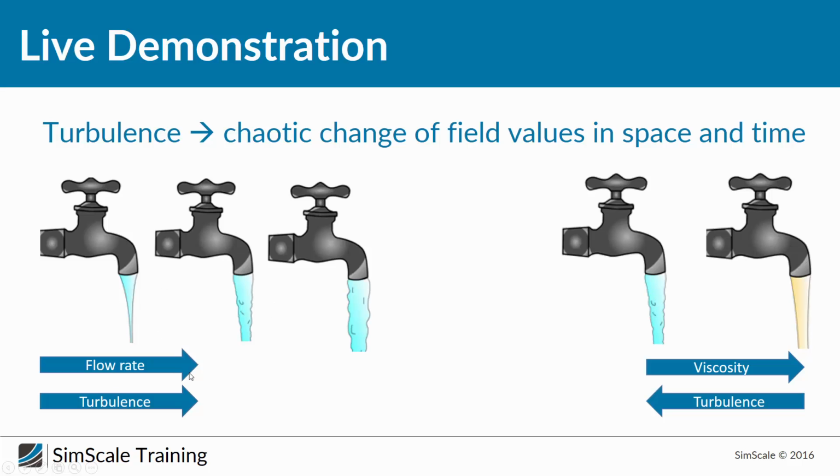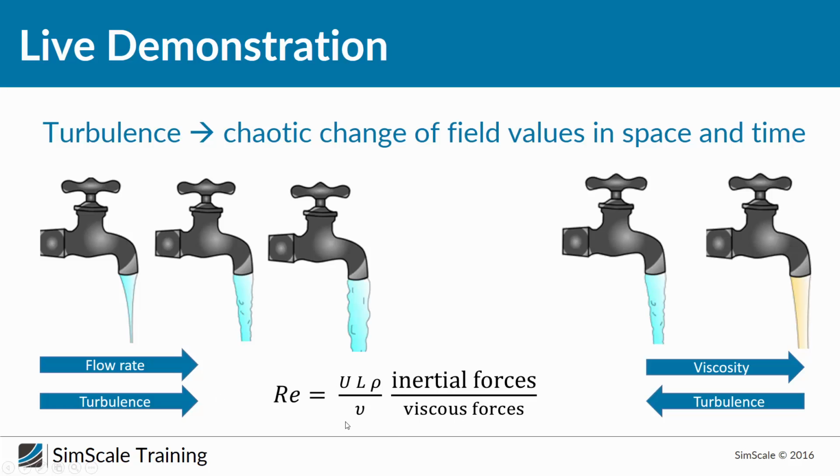If we take a look at the impact of flow rate or velocity, the velocity represents the inertial forces, and viscosity represents the viscous forces. So it seems like turbulence occurs depending on the ratio between inertial and viscous forces, and this is a formulation for the so-called Reynolds number.